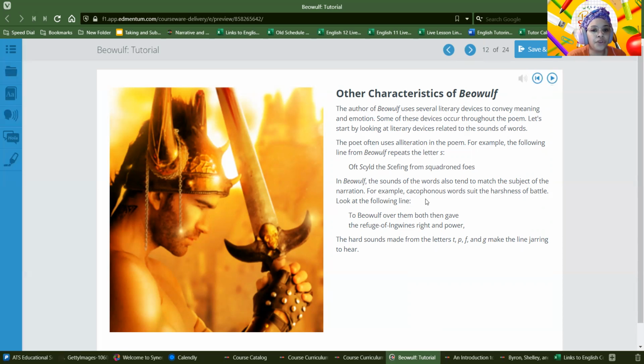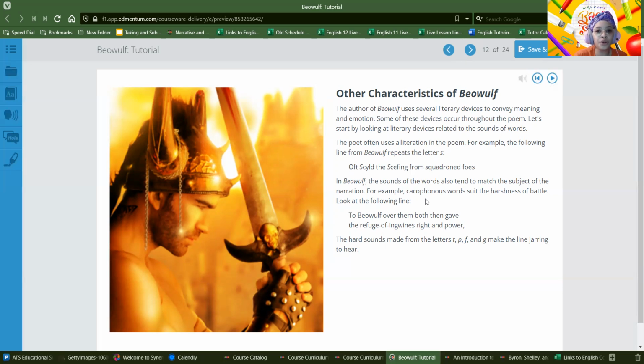"To Beowulf over them, both of them gave the refuge of in wings to right and power." So hard sounds that are made by T, P, F, and G sounds make the line jarring to hear. It's a little hard to even say this out loud because of the flow. So the idea of it is that battle is loud, it's hard to concentrate.